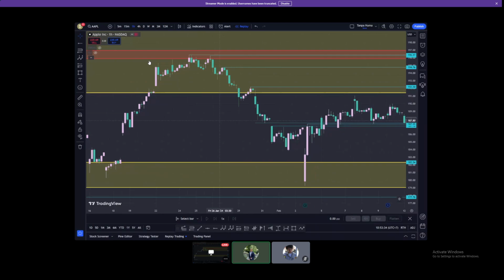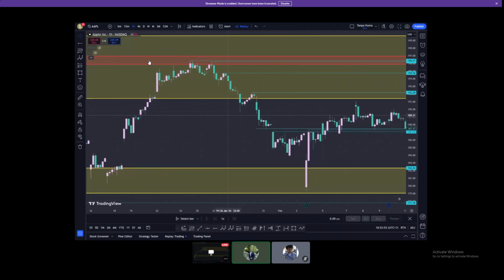You need to take into consideration that the highest high, 196.371, had an initial sell-off and then a bounce. That bounce made a lower high. It did not go up and make a higher high. That lower high had another sell-off and then we went down very fast from there.